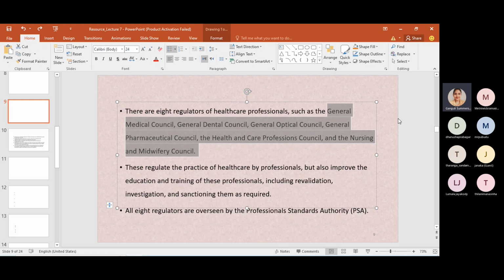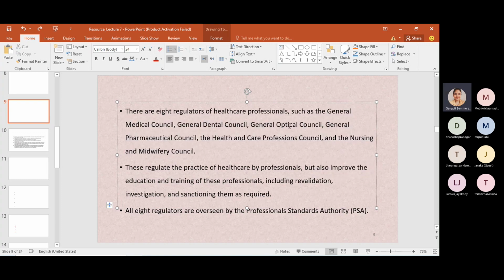Okay, so these are the regulators of healthcare professionals. There are 8 regulators to regulate healthcare professionals in the United Kingdom. So here, these are some of those regulators who regulate healthcare professionals, people who do healthcare related jobs.